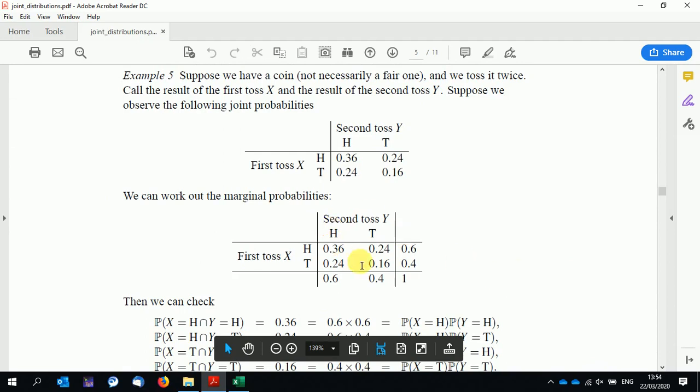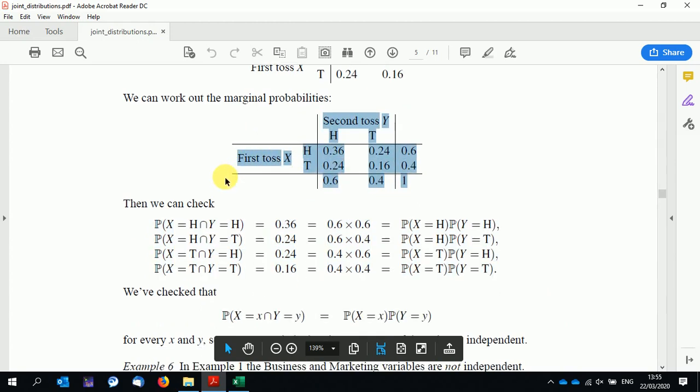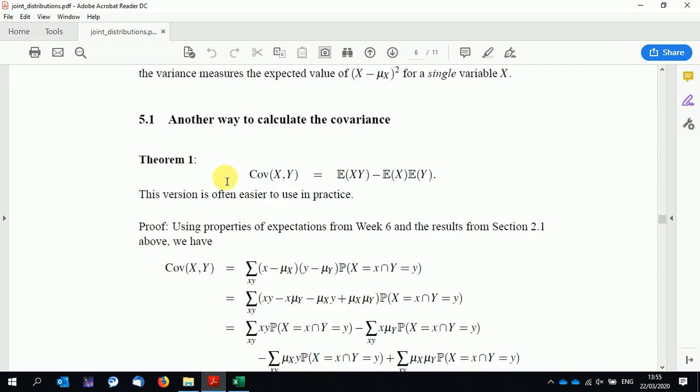Here you can find the covariance using this table, right? We know they are independent, and only when they are independent should we expect that the covariance is 0. So please try to find the covariance here, and you would get a 0 there.